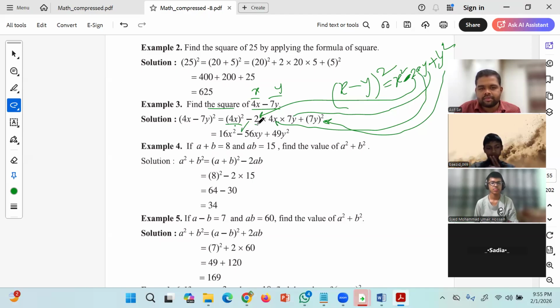We can multiply 2, 4, 7 because all of them are multiplied to each other. So we get 56 here, with x and y. Plus, as this sign is plus, we have to use plus. 7 square is equal to 49, and this is y square as it is.